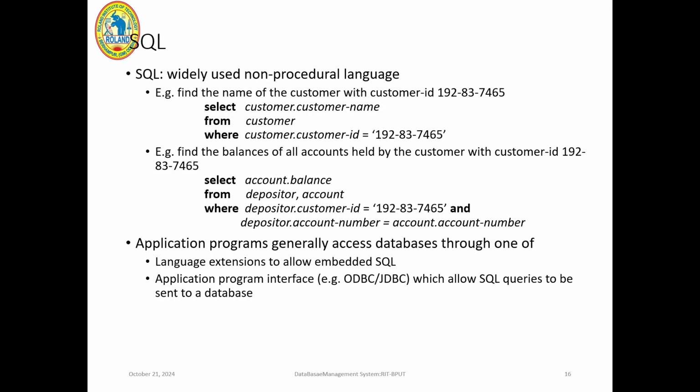For example, the account number is common in depositor and account. Suppose the account number is something like A101. Because it is there in the account, it is also there in the depositor. So it says, when both the numbers are the same, and another condition is that the customer ID is this one, in that case you find the account balance from the depositor and account tables, right?